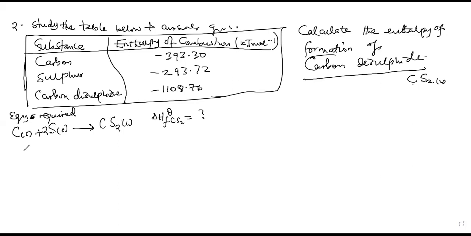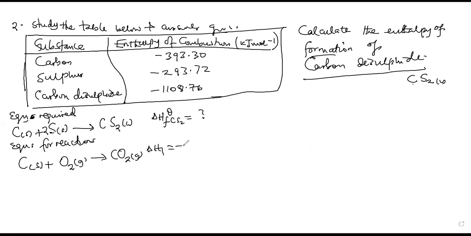From here, we shall write the equations for the reactions required. First, enthalpy of combustion of carbon: carbon undergoes combustion in oxygen gas to form carbon dioxide. I will call this H1, which has been given as negative 393.3 kilojoules per mole.